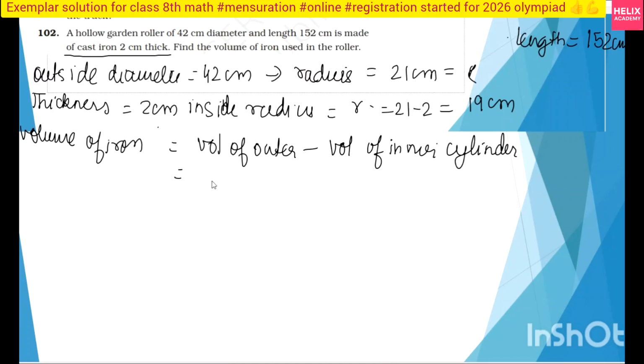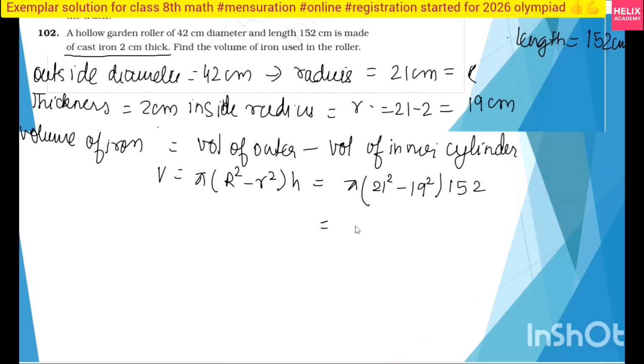So V is equal to pi times R square minus r square into h. I will put all the values. So it becomes pi, 21 square minus 19 square, and h will be what? 152, because the length is given.